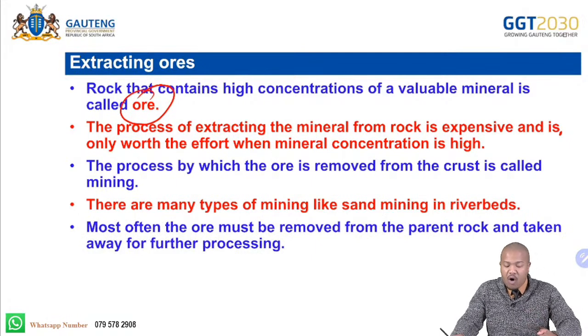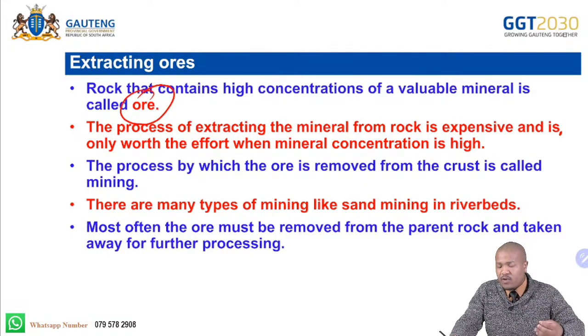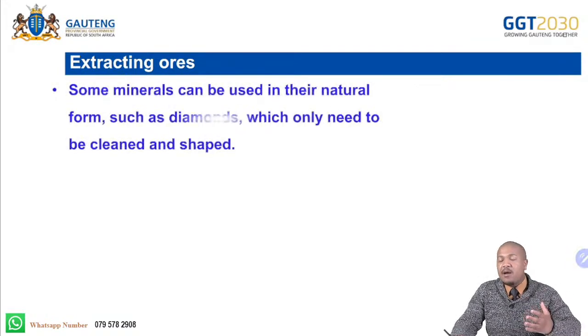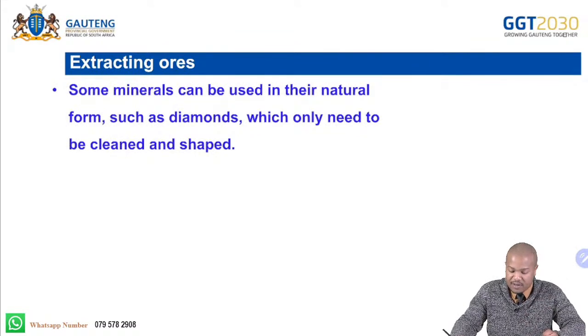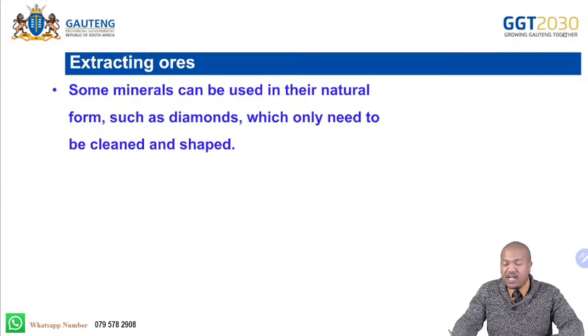More often, the ore must be removed from the parent rock and taken away for further processing, to extract the mineral and get it in the shape that we want. Some minerals can be used in their natural form.